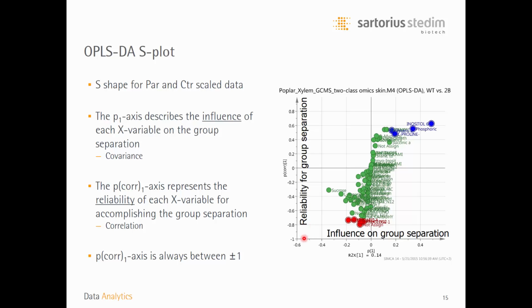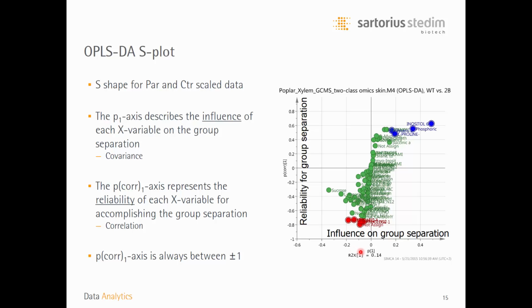So the S-plot comes from a plot where you're plotting the normal predictive loading of the OPLS-DA model versus a correlation scaled version of the same loading. So the x-axis, or the horizontal axis, where we are plotting the normal loading will show us variables that have a strong influence on the group separation.